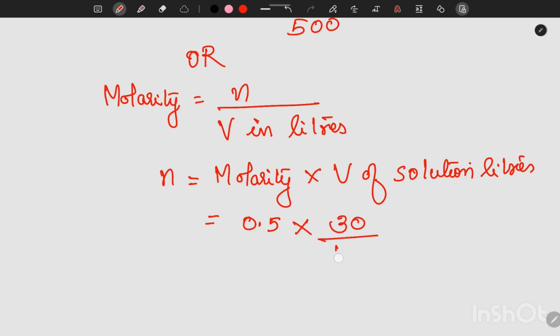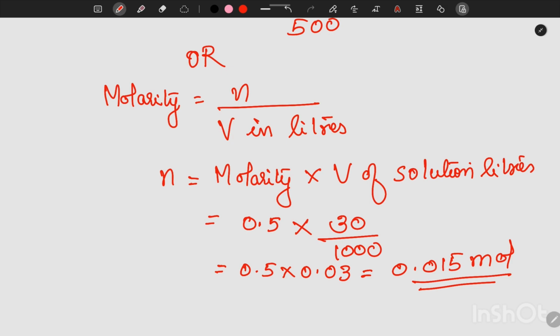You can convert into liters by dividing by 1000. So you will get 0.5 into 0.03, which when you multiply you will get 0.015 mole. So this is the number of moles.